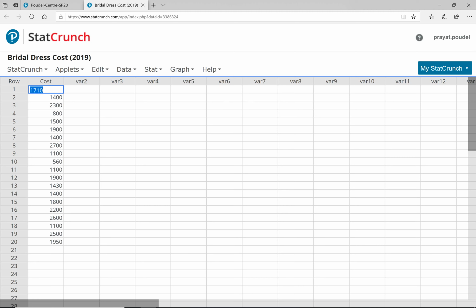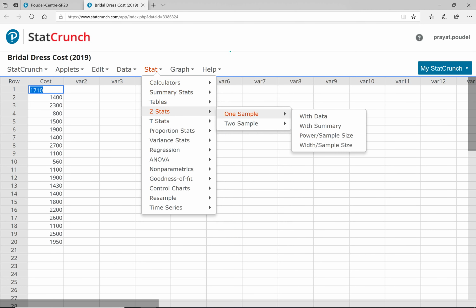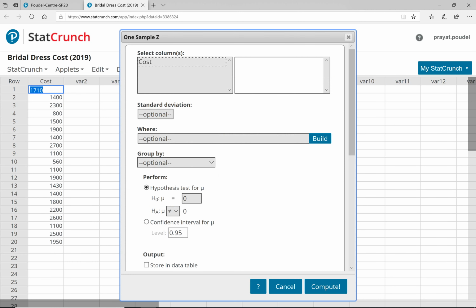Again, remember we are doing a one mean z-test, so we're going to go to statistics, go to z-stats, look at one sample, and use data. The data we are using is the cost. We know the population standard deviation, which is given to us as 180.